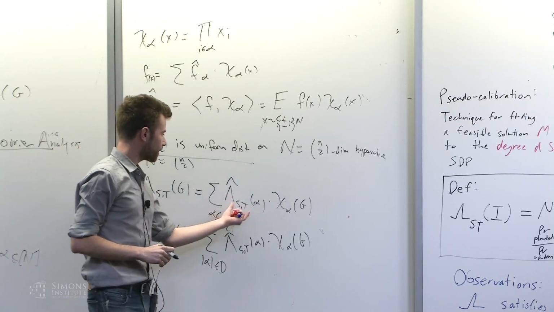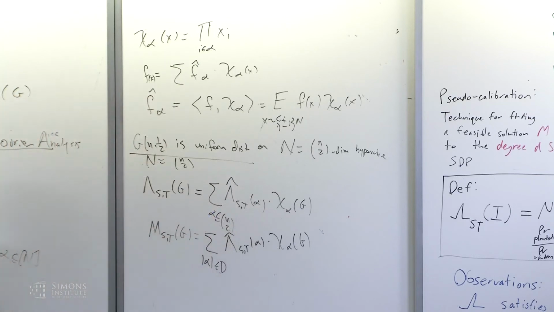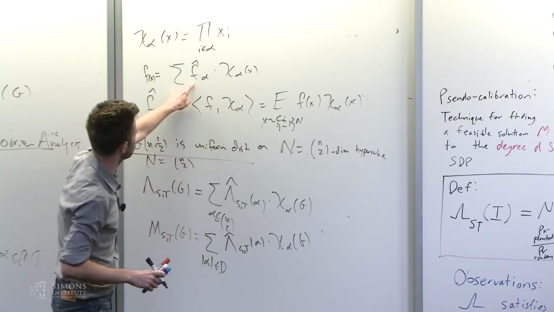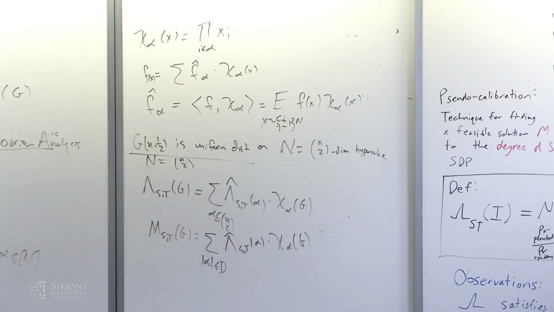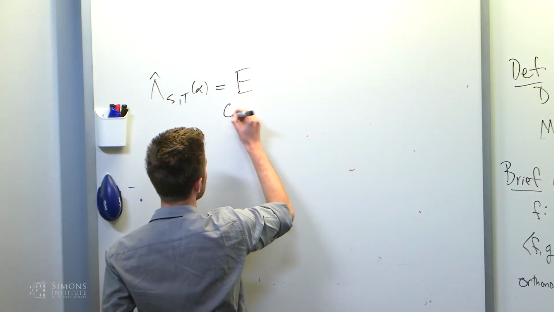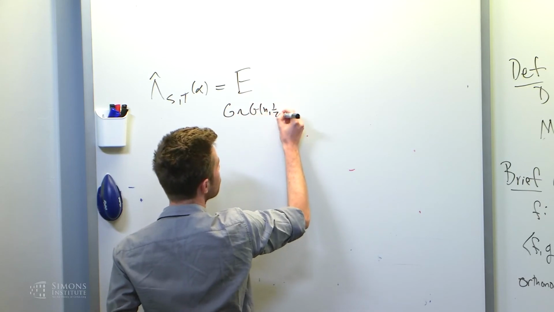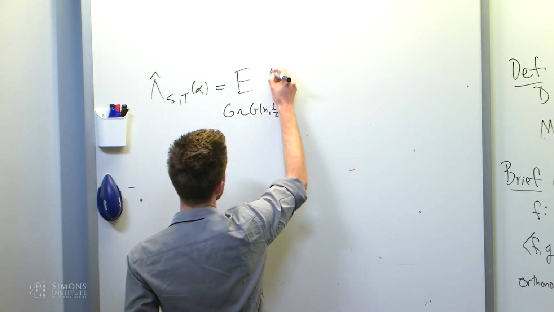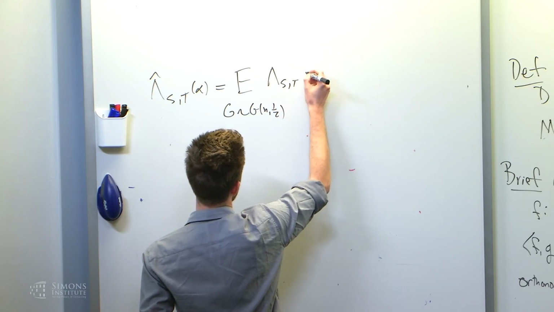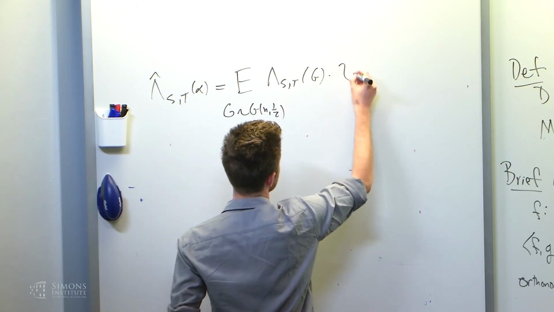Okay, so I want to give you some idea of why these numbers actually turn out to be very nice, even though we went through some relatively convoluted path to get here. So I'm just going to look at the definition of this thing, Lambda hat ST of alpha. By definition of a Fourier coefficient, this is the expectation under G sampled from G(n, 1/2), that's our uniform distribution on the hypercube, of Lambda ST of G times the character alpha.